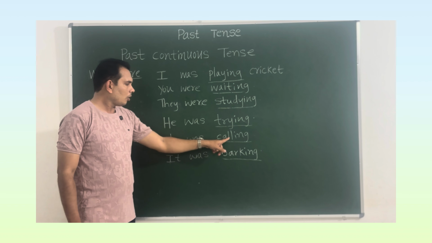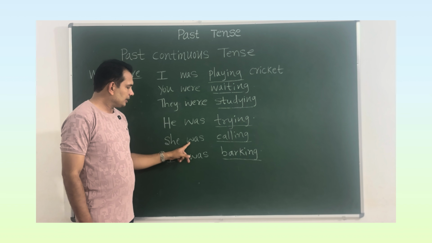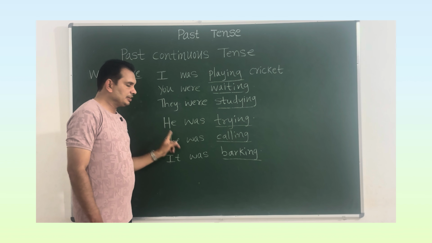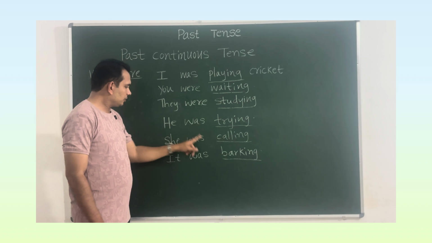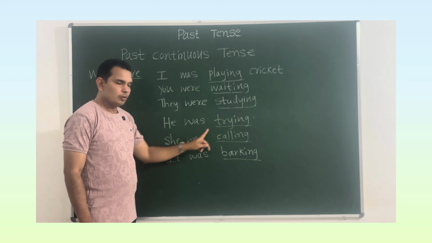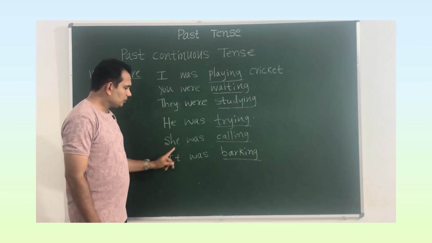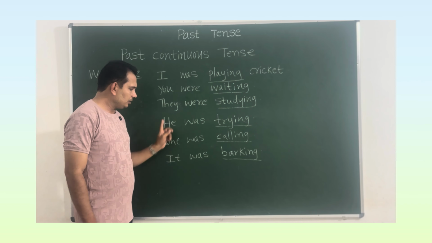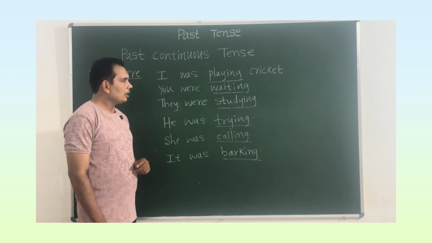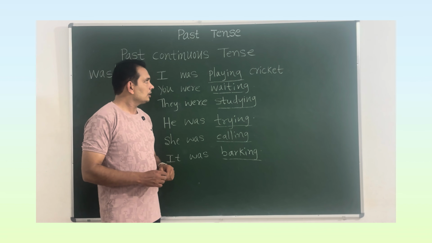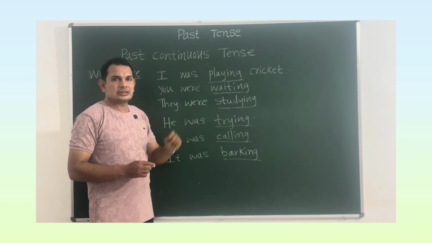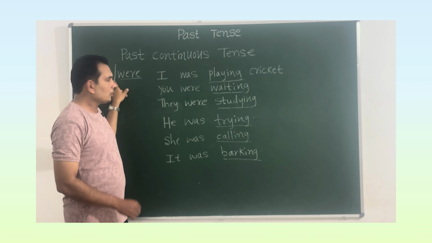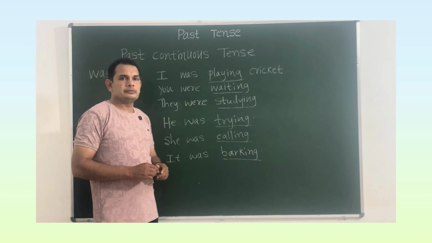Was she calling? In the present continuous tense, she is calling. Is she calling? In the past continuous tense, she was calling. Was she calling? It was barking. Was it barking? This is how we form questions in the past continuous tense using the auxiliaries was and were.